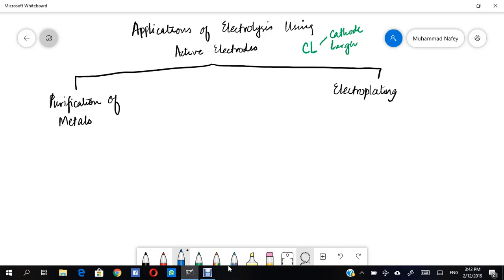So this is basically an electrolytic process. We'll just write this down. It is an electrolytic process of coating a metallic object with another metal.